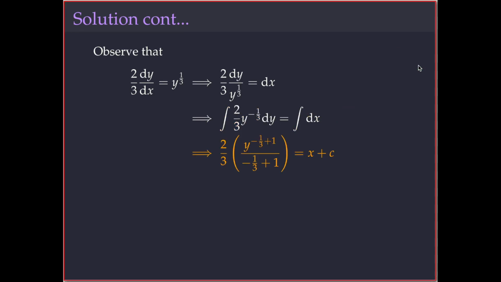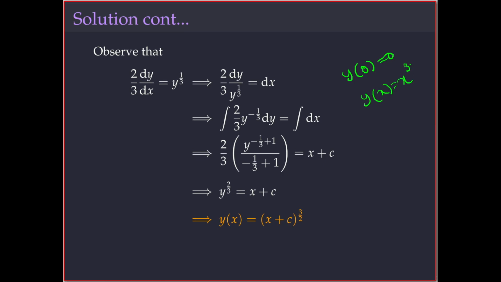So we apply that: y^(-1/3+1)/(-1/3+1), and this gives you y^(2/3), because the 2/3 cancels. So y^(2/3) = x + c, and hence y(x) = (x + c)^(3/2). You use the initial condition y(0) = 0 to get y(x) = x^(3/2), and this is a solution.